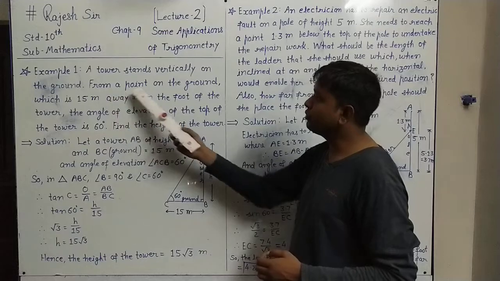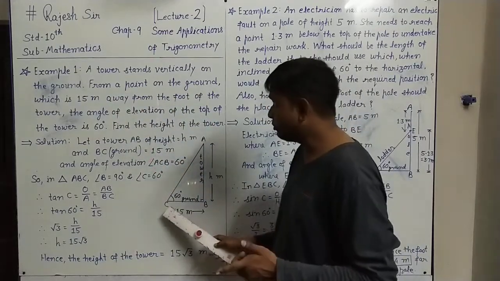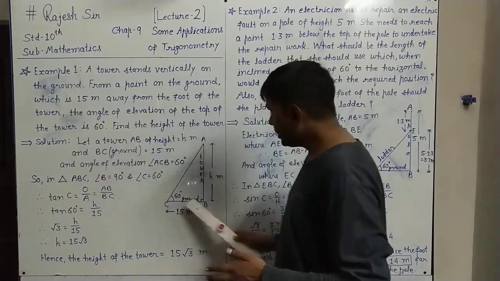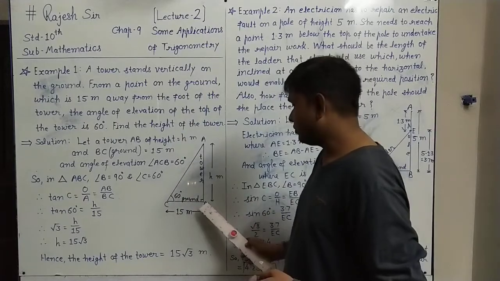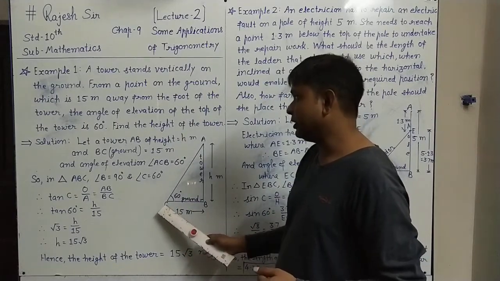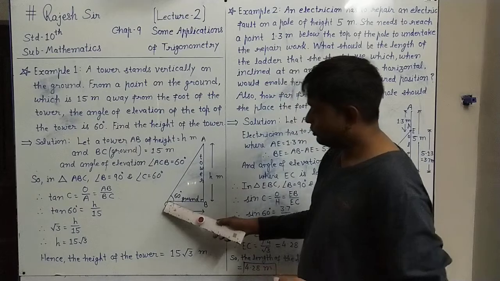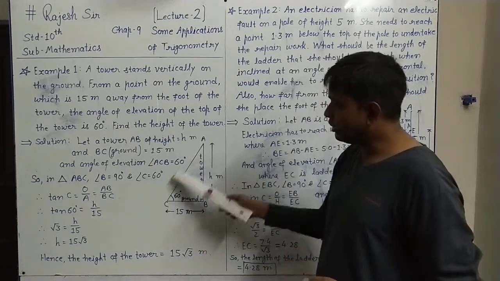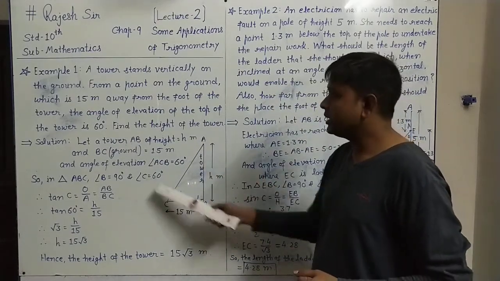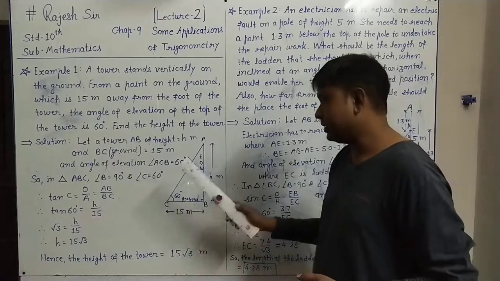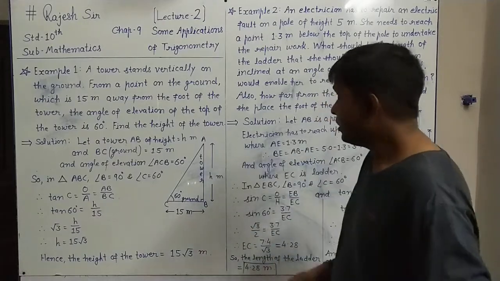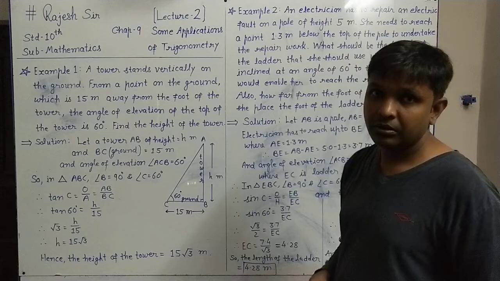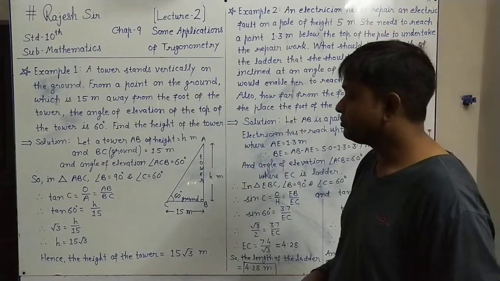From a point on the ground, this is point C, which is 15 meters away from the foot of the tower, if you see the top of the tower, the angle of elevation makes a 60 degree angle. That is given. So this way the figure is drawn for the given question.